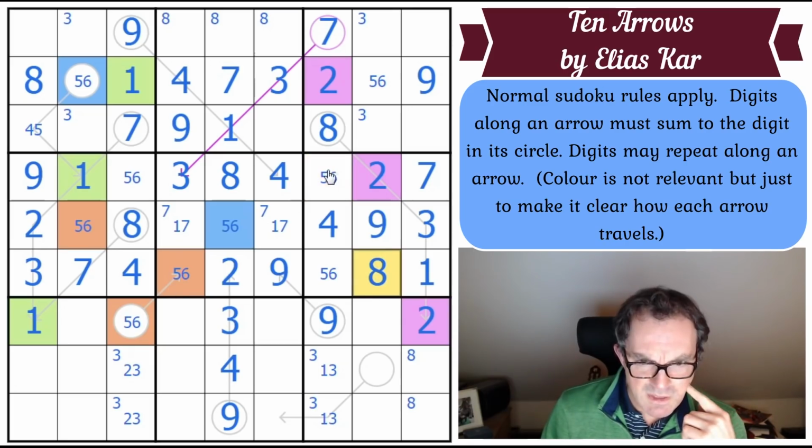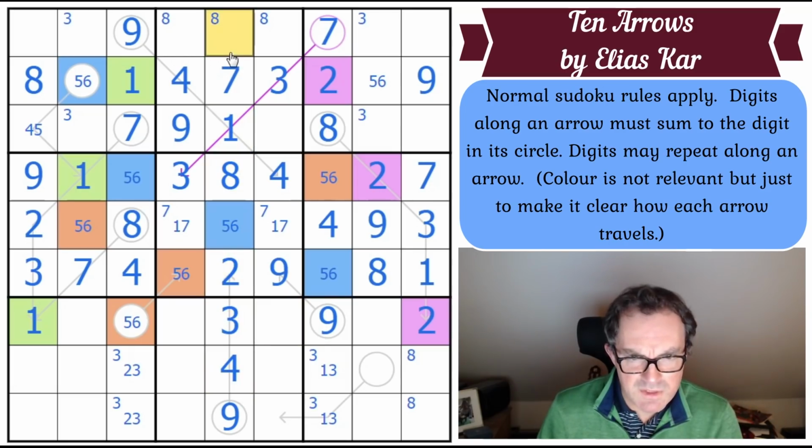Now that means this is an orange 5 or 6. These are blue 5s and 6s. By Sudoku, look, this square is not 8. It is an orange 5 or 6.